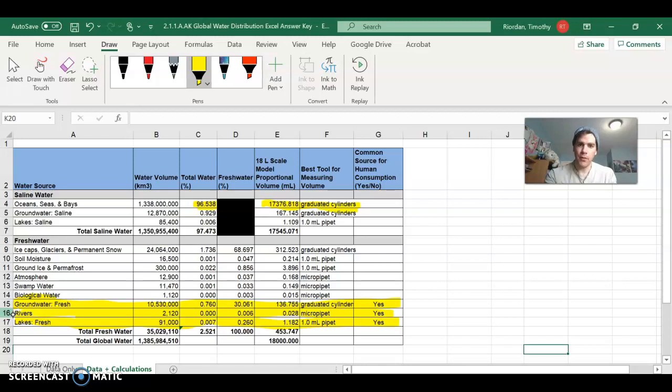So one of the things I had you guys look at was which areas are for human use, and it's those three: fresh groundwater, rivers, and lakes as well. But in the scheme of this stuff, we're talking very, very small amounts that comprise everything that our species, and really most species on this planet, have to use.